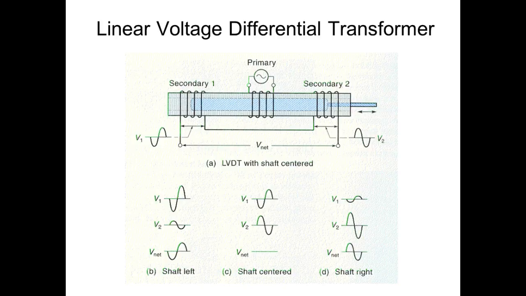This is another one, guys, that you'll run into, called a linear voltage differential transformer. It works on the concept of a transformer transferring information through a coil. We can transfer information between wires, but we can't transfer a lot of energy through the wire.